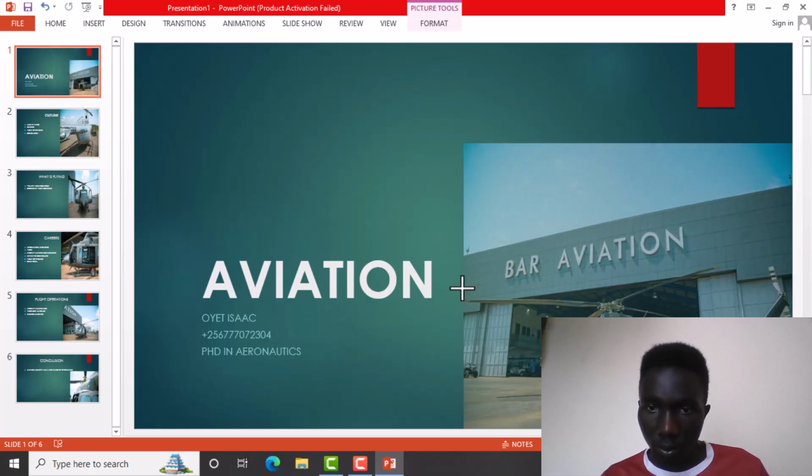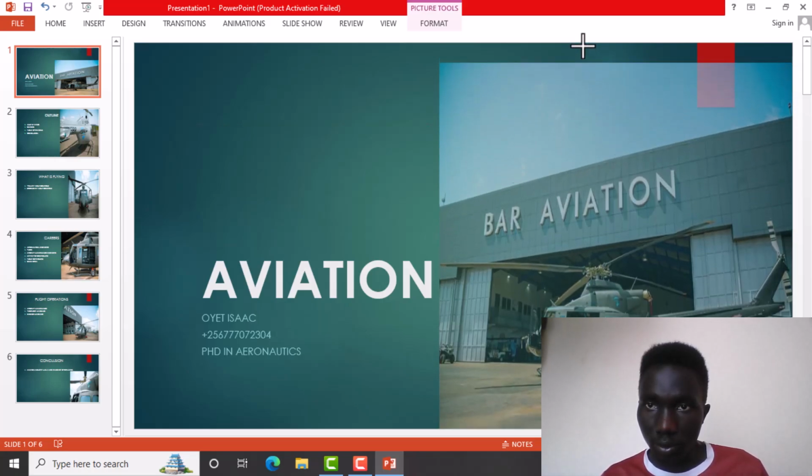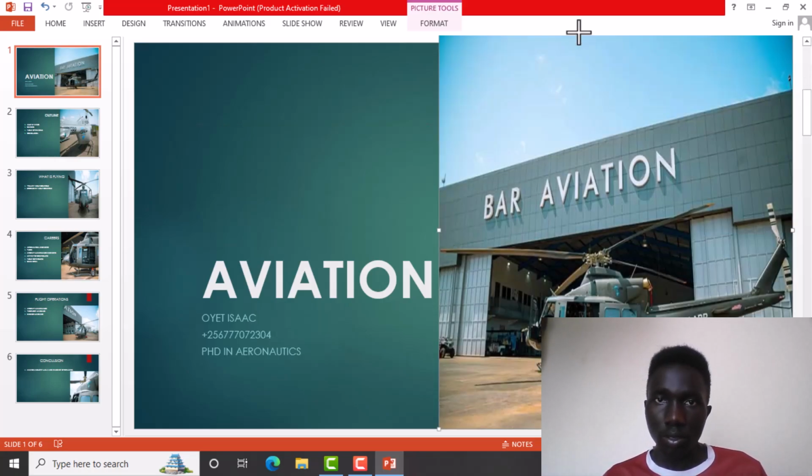So we can resize them to whatever size we want, and that is it.